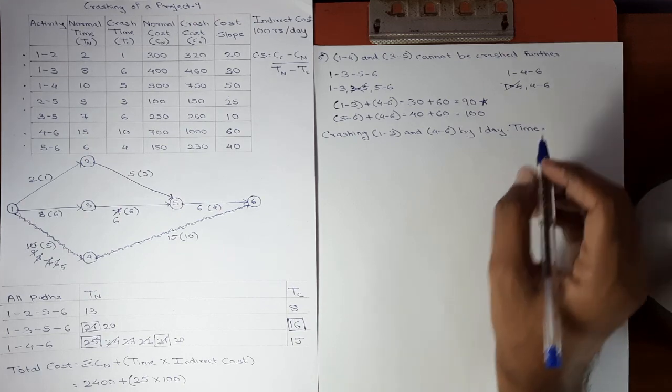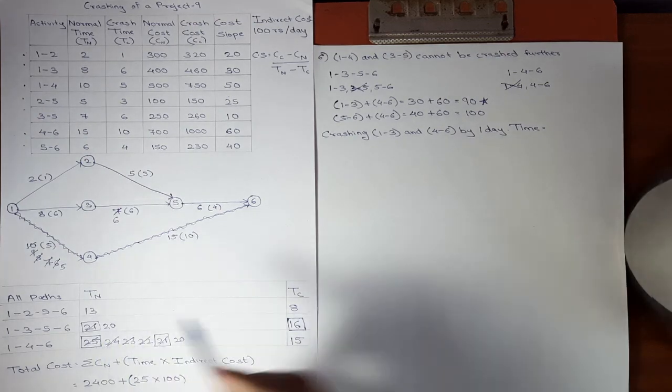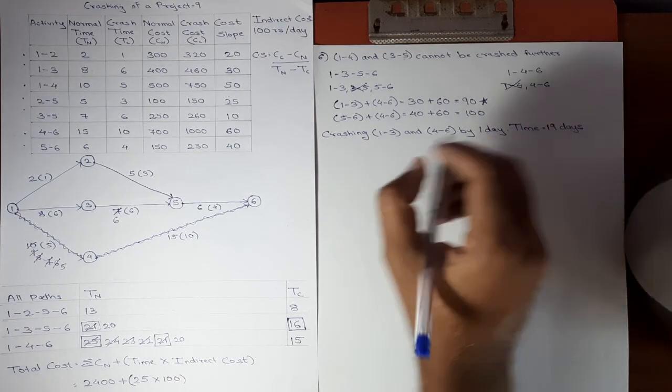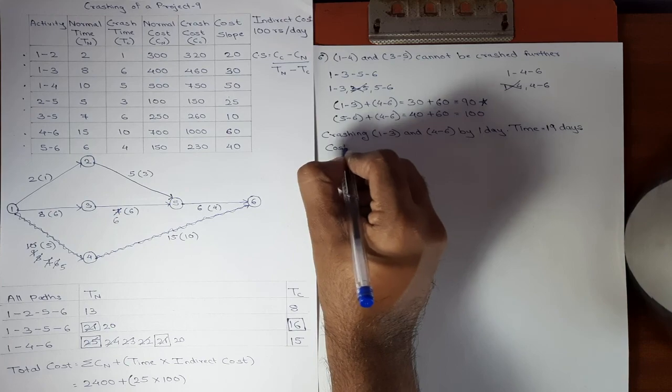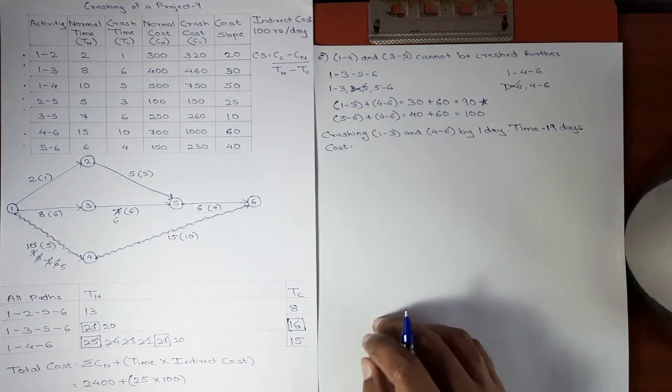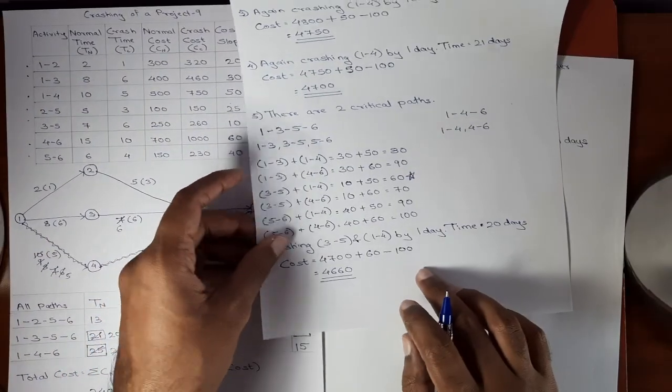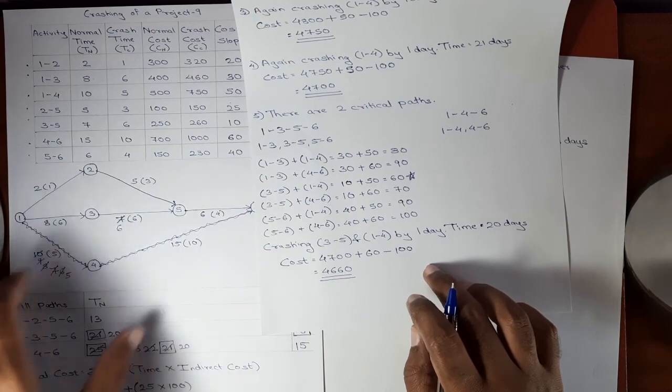In fifth step of crashing, the time we got was 20. So now the time will be reduced to 19 days. And the corresponding cost will be, in fifth step of crashing, if you see here, we got the cost 4660.